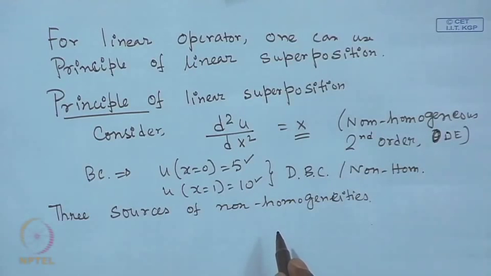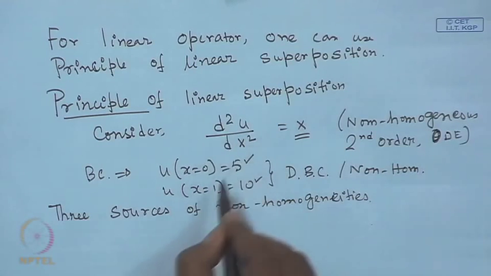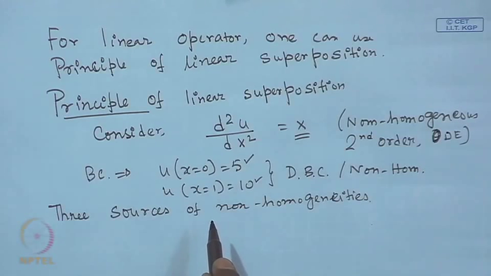Then we can break down this problem into three sub problems considering one non-homogeneity at a time, get the solution of each sub problem and add them up, and we will be getting the complete solution.